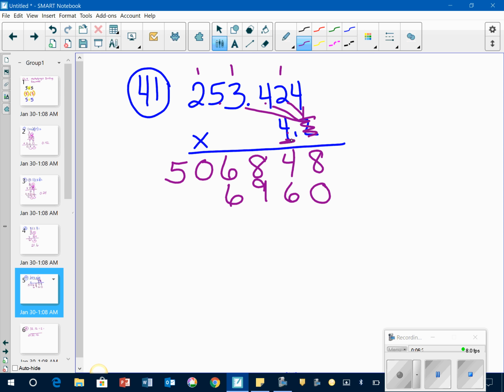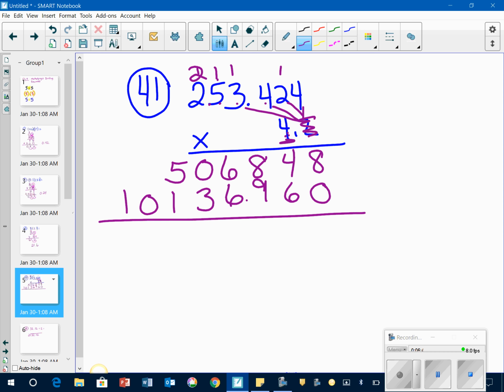Carry the 1. 4 times 3 is 12, plus 1 is 13. 5 times 4 is 20, plus 1 is 21. And 4 times 2 is 8, plus 2 is 10.